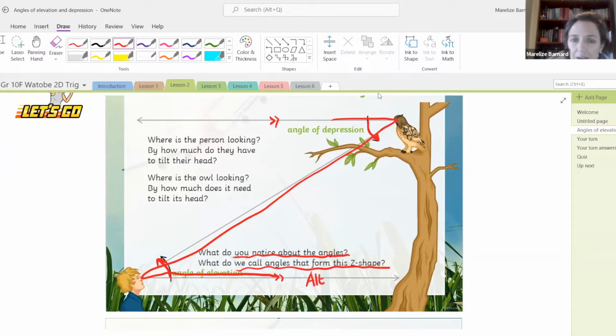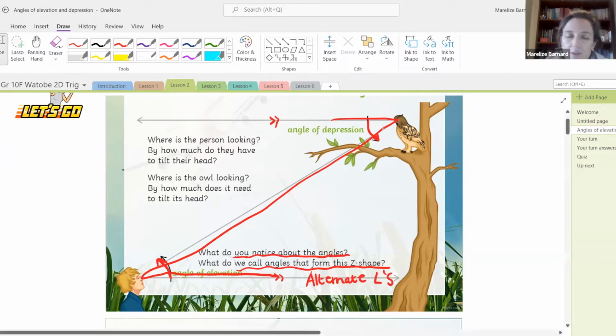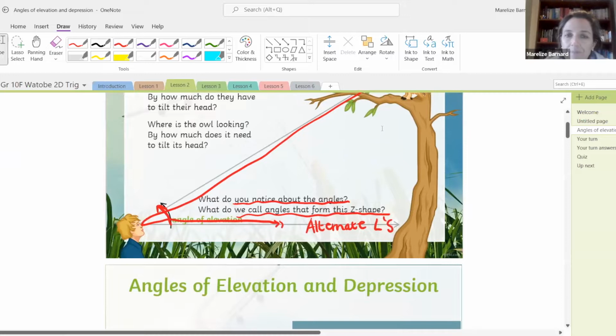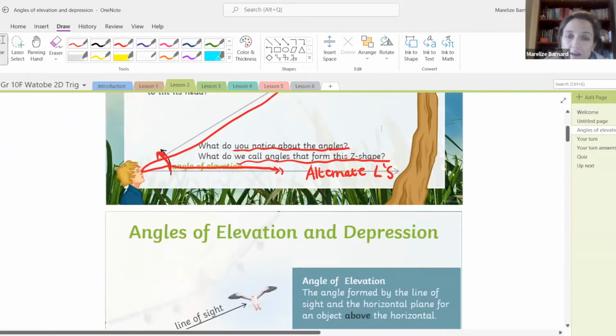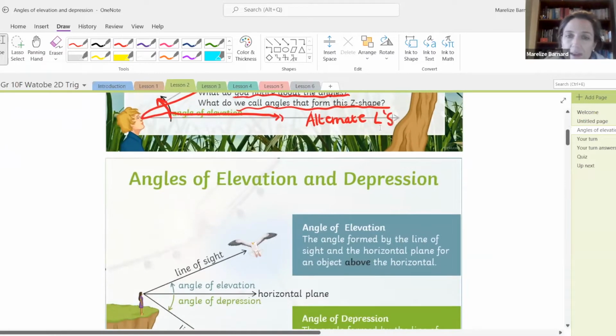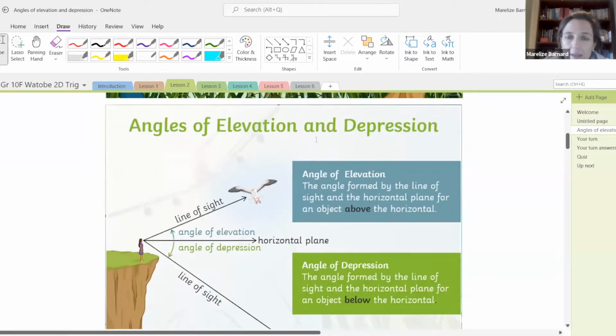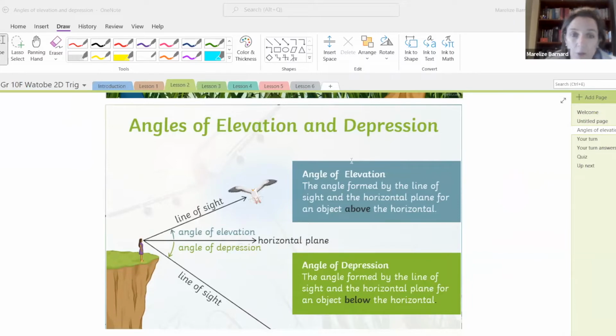That is called alternate angles. Okay, so alternate angles you would have learned back in grade 9 already. So that is something that we can relate to when it comes to angles of elevation and depression, something that we already know.